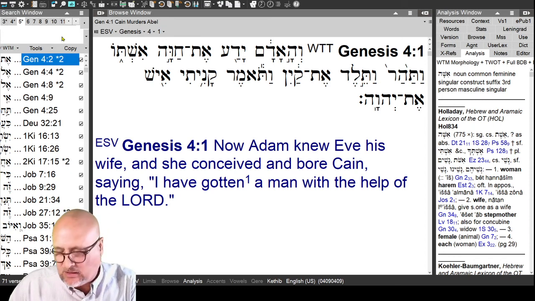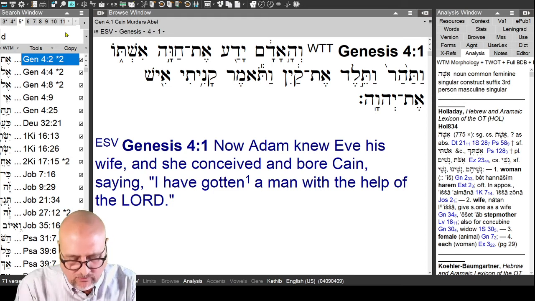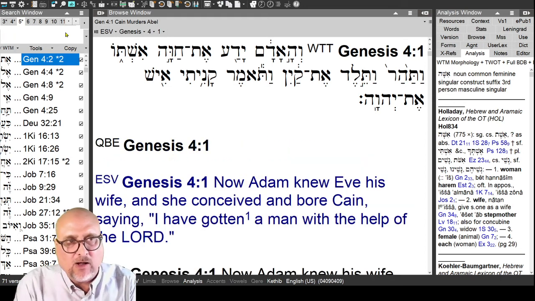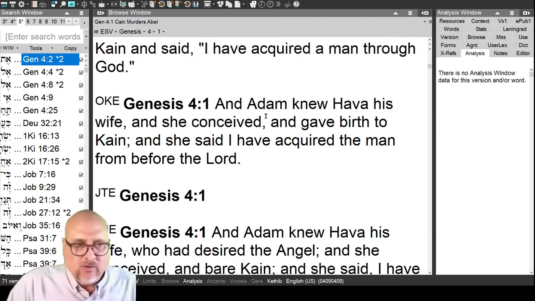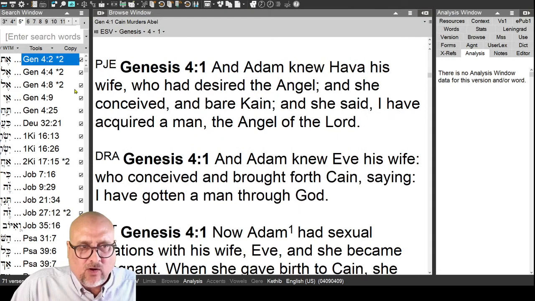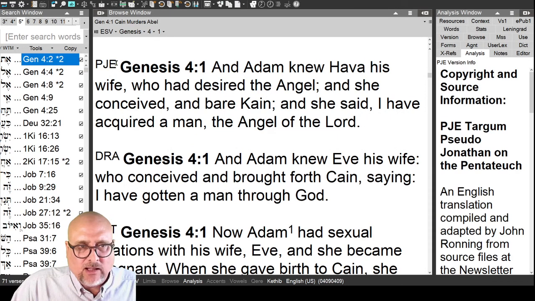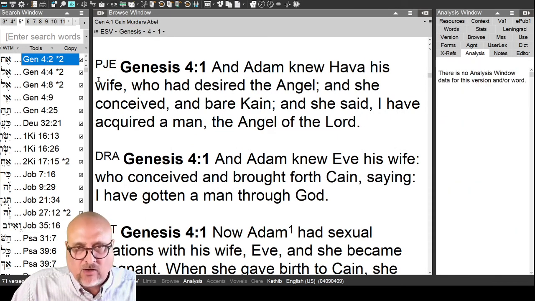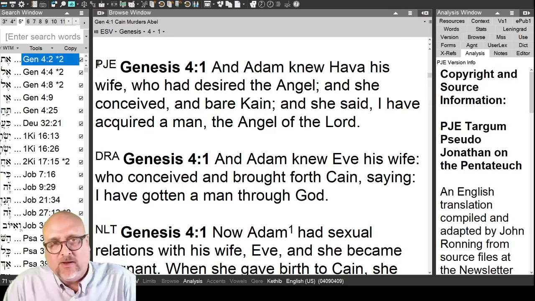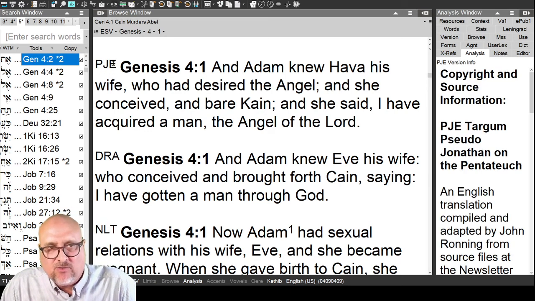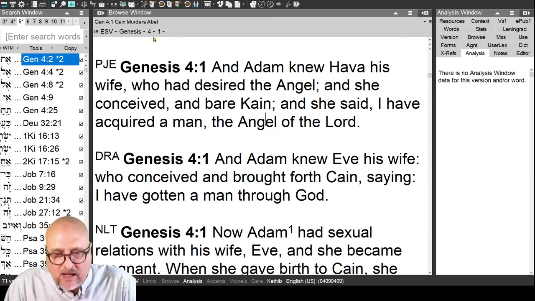I want you to look at one of the Targums. So I'm going to say, show me all the English translations. And we're going to go down to this Targum, Pseudo-Jonathan in English. So this is an Aramaic Targum, and this is how the Pseudo-Jonathan Targum translates our Hebrew text.